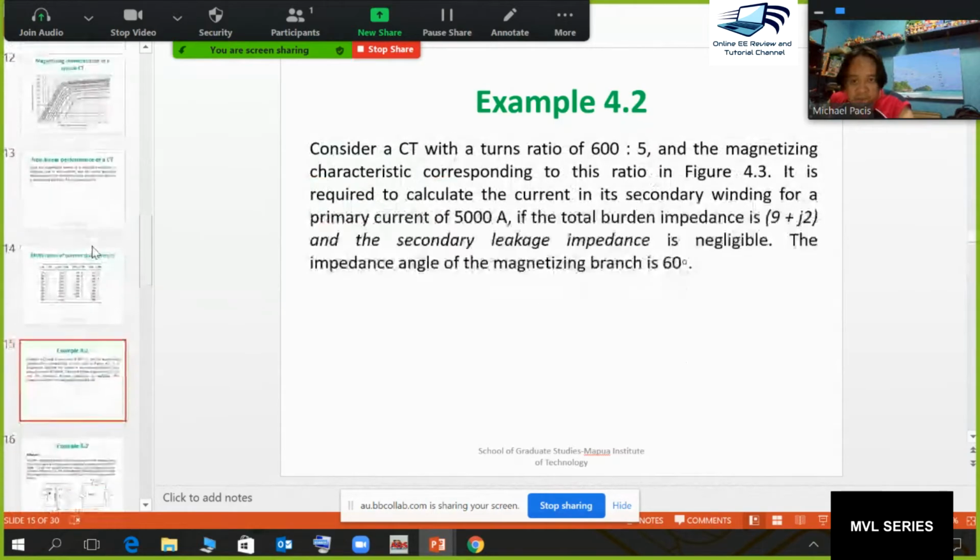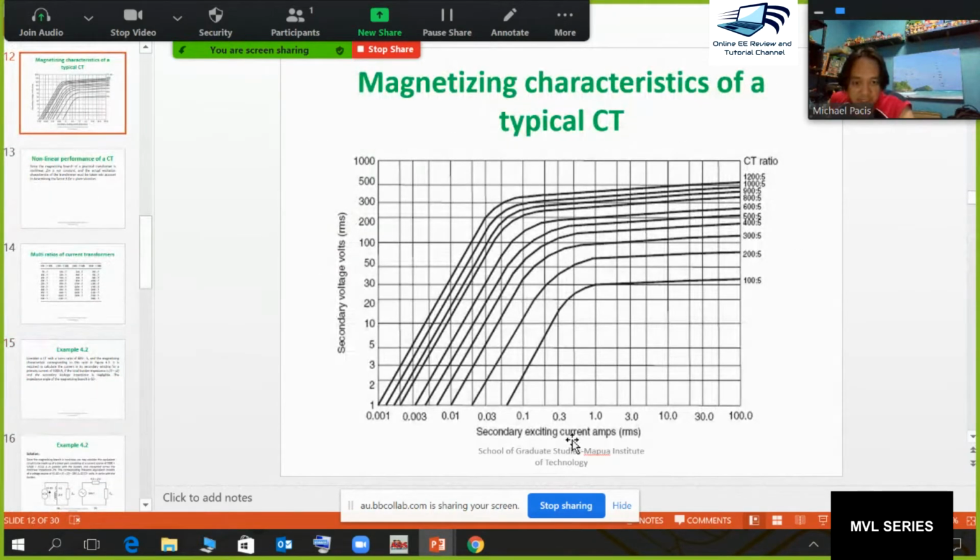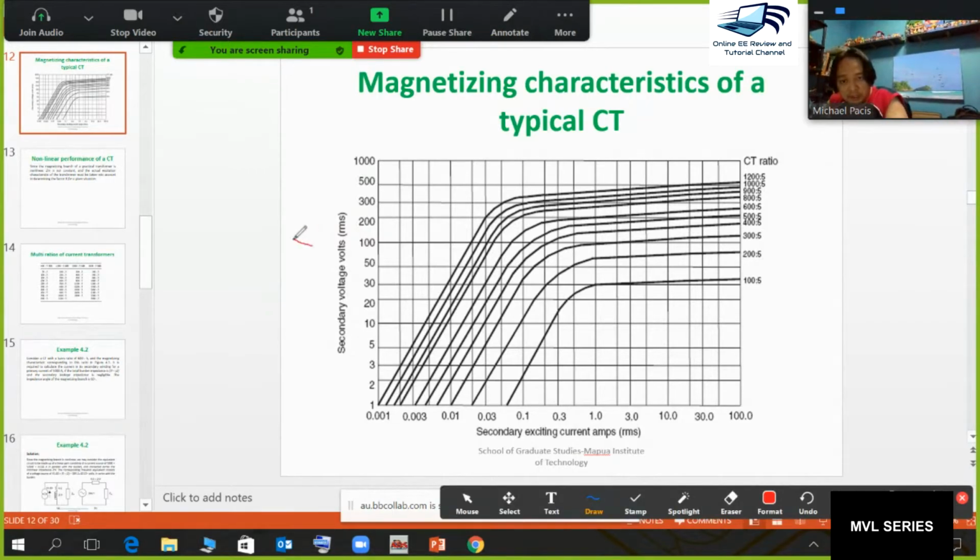This curve, as you can see, is E2 over IM, the secondary voltage versus the current IM. Now, for example, you already obtained this curve. This is just an example. So whatever the intersection at the 600 by 5, you can now get E2 there versus current IM.